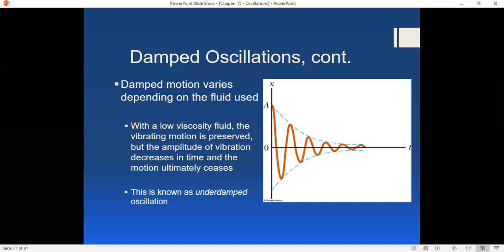With the decaying exponential, if we just did the e to the minus alpha x, we would just see this part of it. So we combine the two, oscillation plus exponential decay, we get something that looks like this. And this is what we call underdamped harmonic motion.